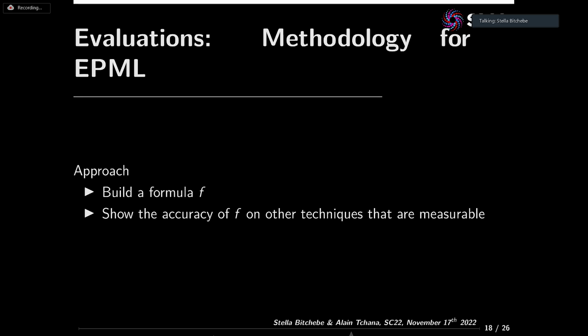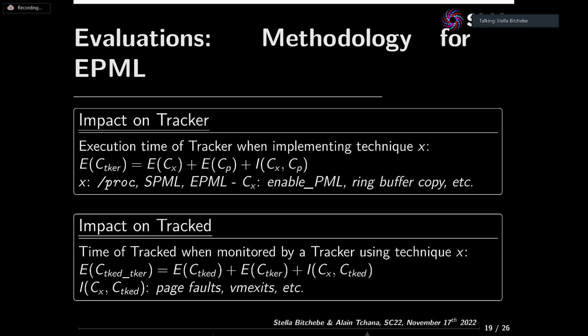Since we do not have an EPML-capable machine, and because EPML is emulated and we cannot use emulated time for comparison, to have execution times with extended PML, we build a formula and we try to show the accuracy of that formula using the other techniques for which we can measure the time on a real machine.